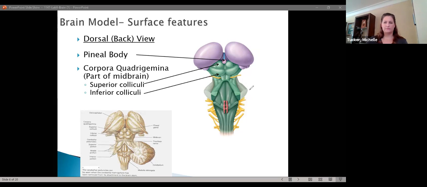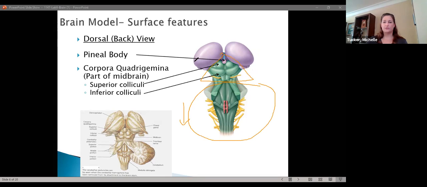So the cerebellum is roughly here. And you'll pull that structure down and away, and it exposes this set of structures here.